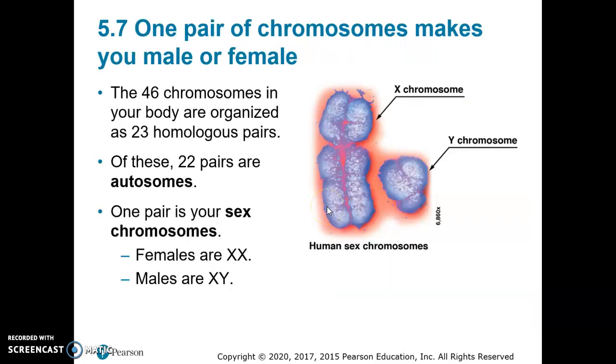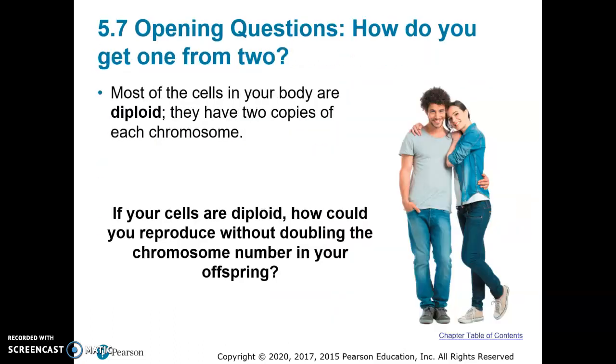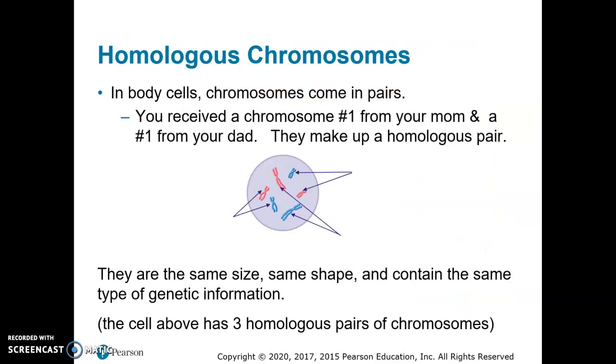So you know who makes up a homologous pair of chromosomes because they are the same size, the same shape from that centromere, and they contain the same type of genetic information. That would be the traits: hair color, eye color, arms, that sort of thing.